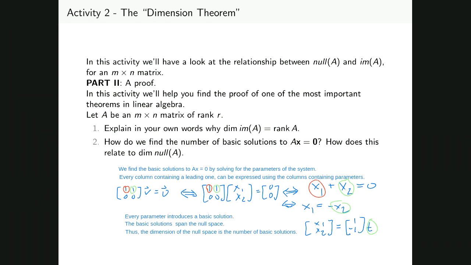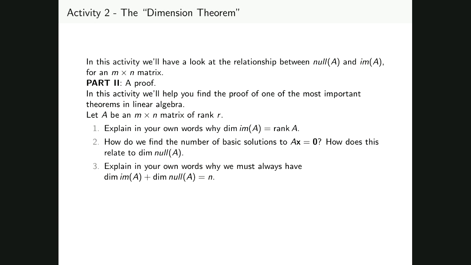Okay, cool. Now we'll move on to the next part of the theorem. Explain in your own words why we must have this. Oh my gosh, this result is so nice. Absolutely lovely result. This thing just does so much stuff for us. So let's look at it in one particular example and see what's going on.